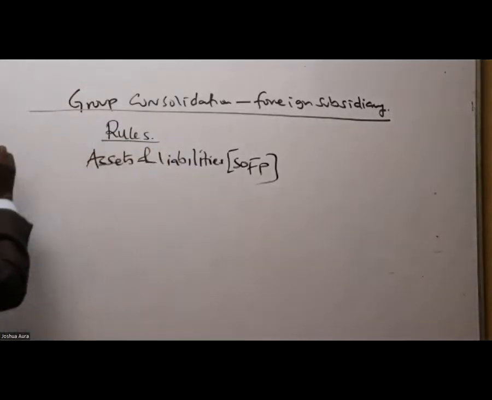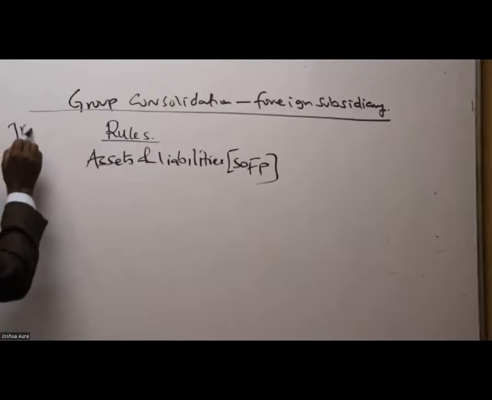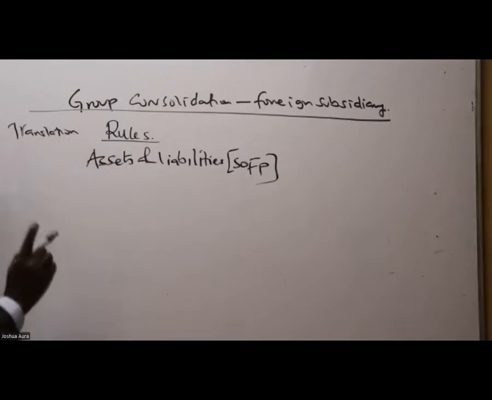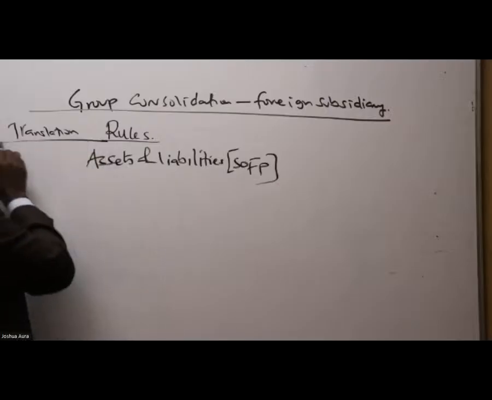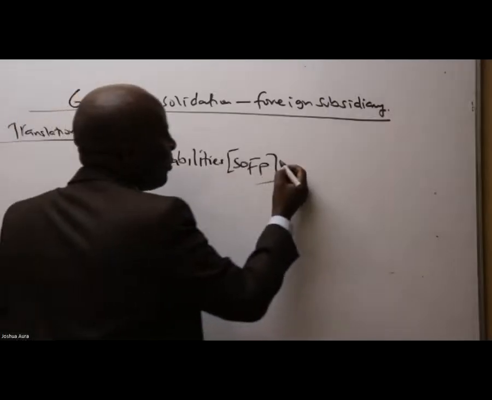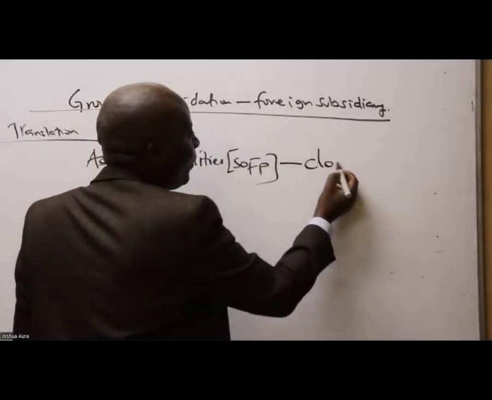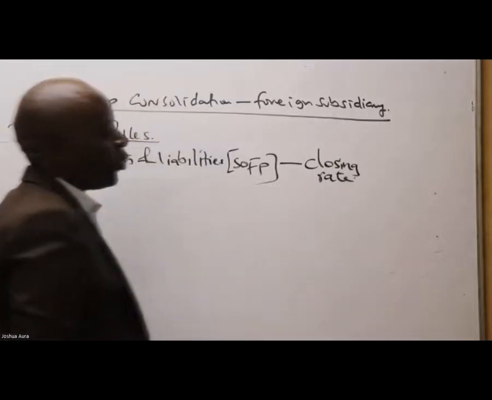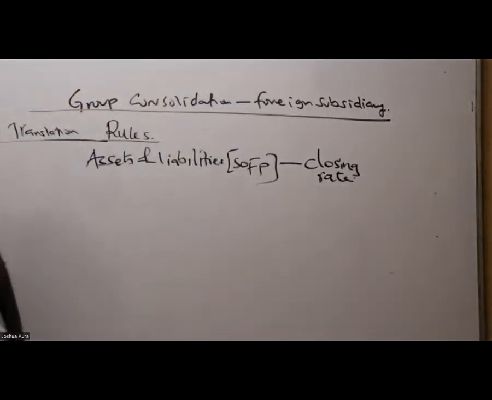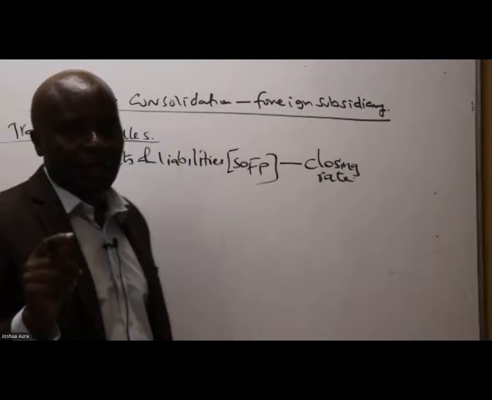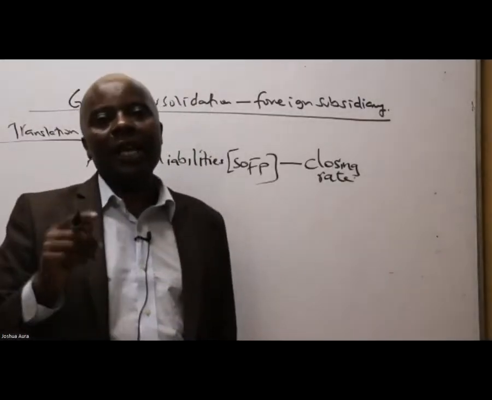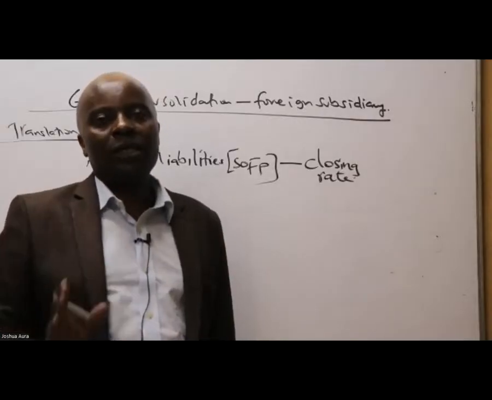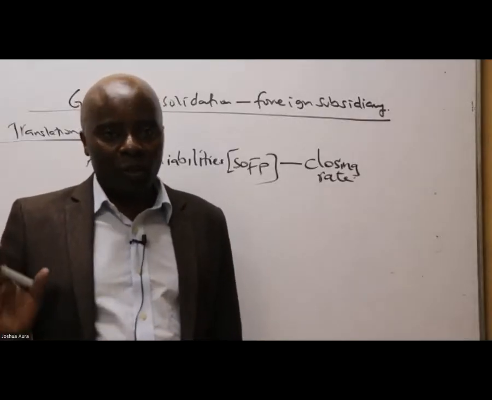So assets and liabilities, we shall always be translating them at the closing rate. Closing rate is the rate which exists at the end of the year, during the financial reporting period. End of the year, closing rate.